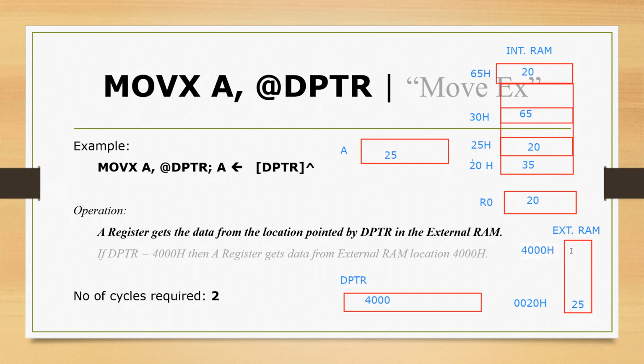The external RAM location has the value 30, so this 30 will be copied to the accumulator register. So A gets the value 30 hex, which is copied from the 4000 hex memory location.